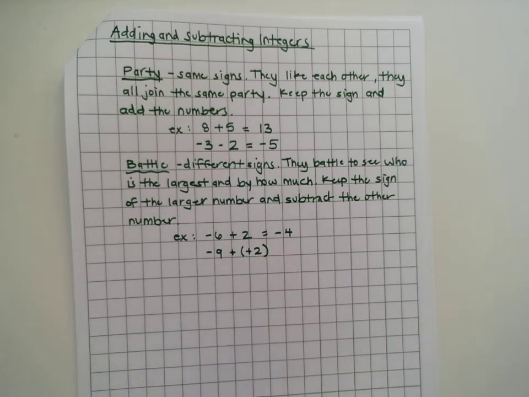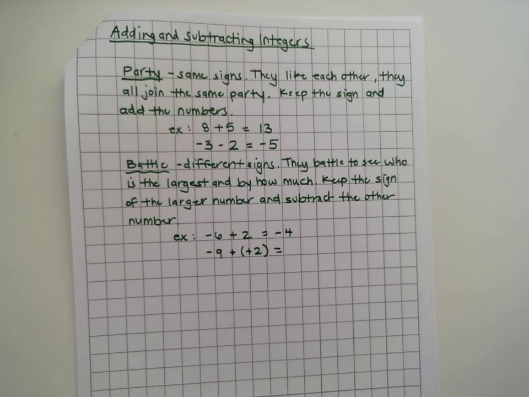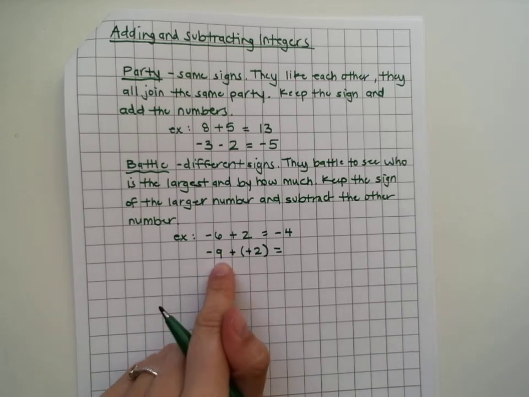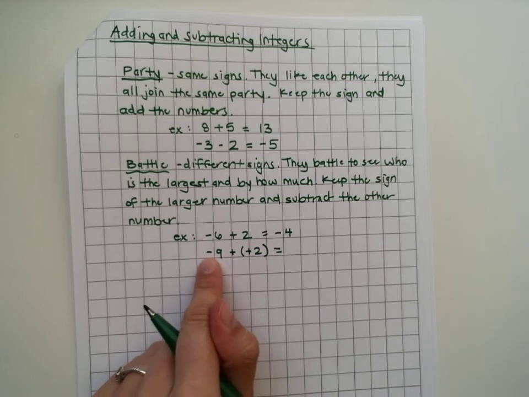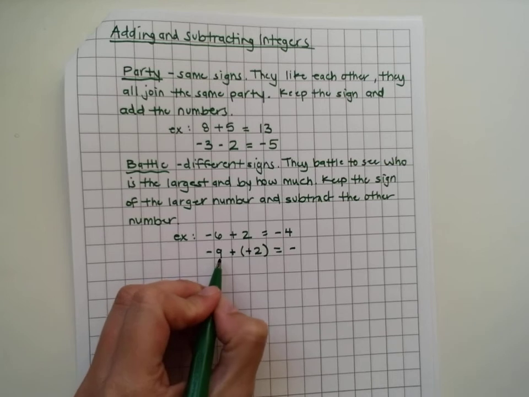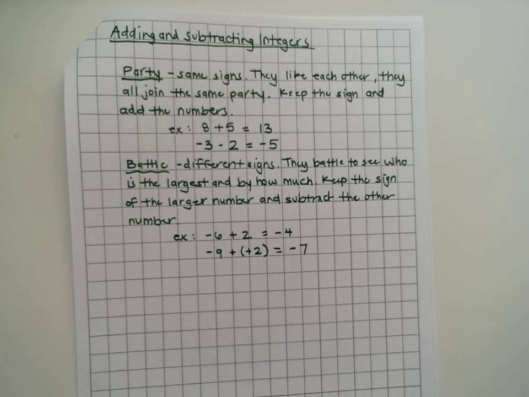So are they going to party or battle? Since they're different signs, they're going to battle. And we're going to look and say, who's going to win this battle? Would a 9 or a 2 win the battle? A 9. And the 9 is negative, so our answer is going to be negative. And 9 beats 2 by how many? Beats 2 by 7. So our answer is -7.